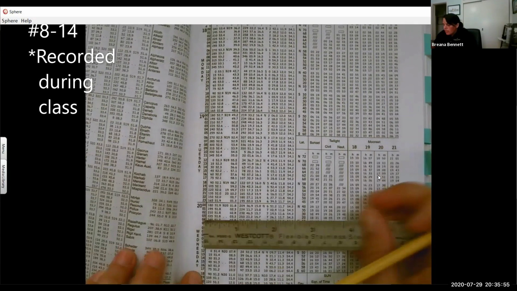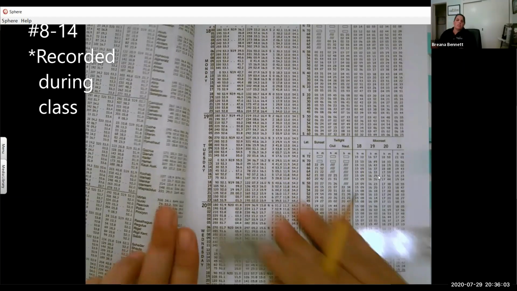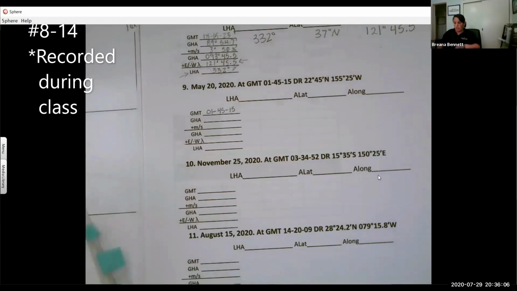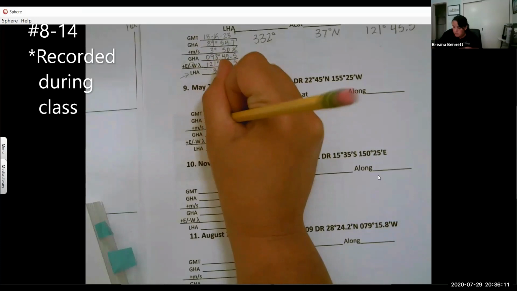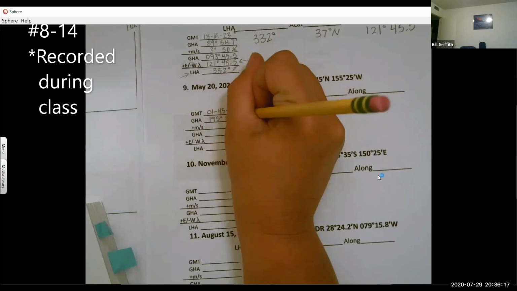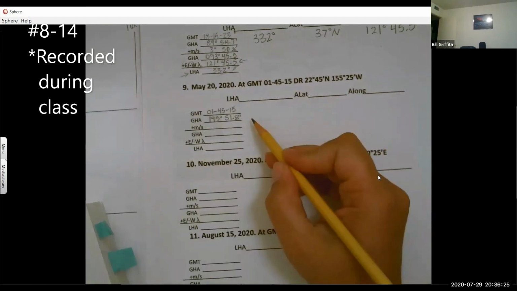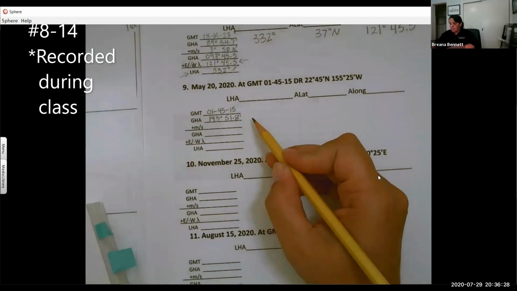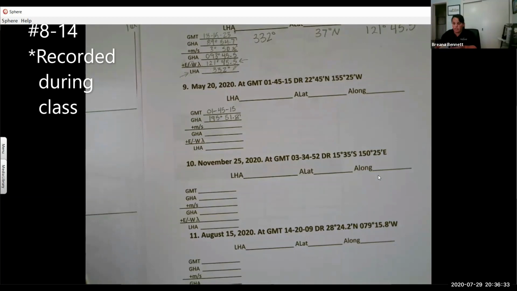So 01 gives us 195 degrees 51.8 minutes. Okay, and then we go to the minutes and seconds, and we are at 45:15.